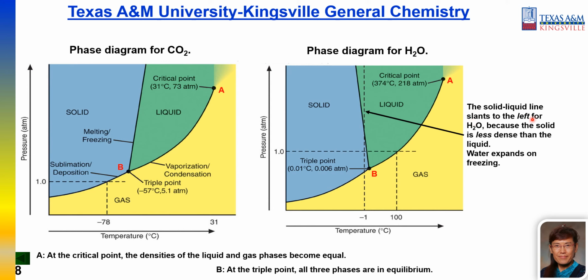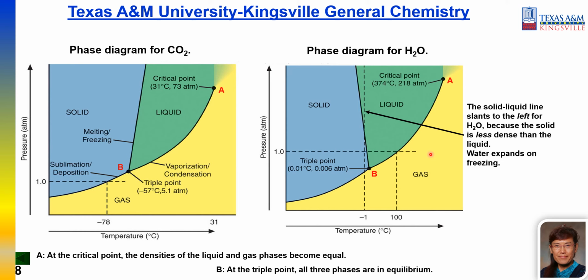The reason is that liquid water is heavier than solid water. Solid is less dense compared with liquid, meaning water expands when it's frozen. The density of liquid is bigger than the density of solid for water. Water is a special molecule, so that's what you need to be careful about.